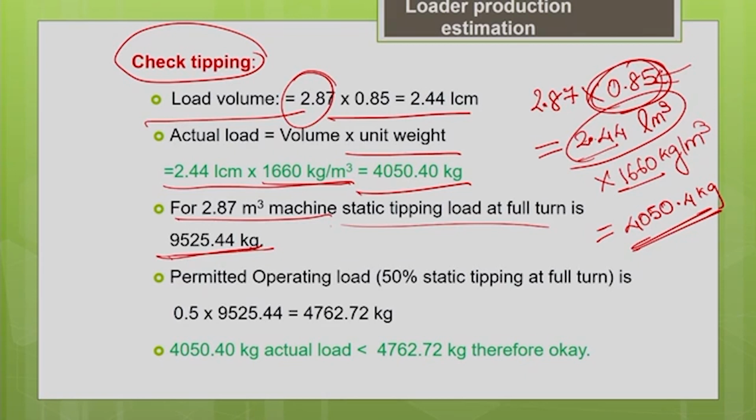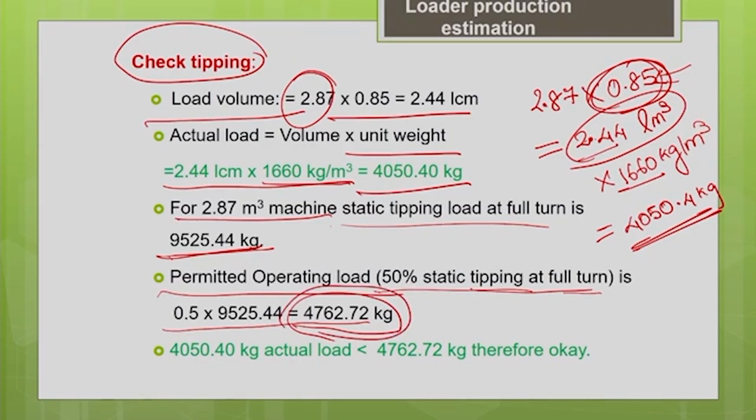So, let me find the permitted operating load. 50% of the static tipping load at the full turn is 0.5 into 9525.44, which gives you 4762.72 kg. So, this is the permitted load.